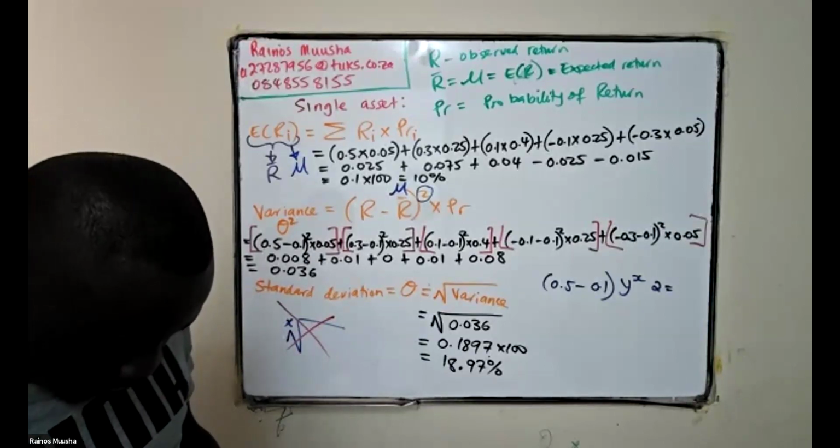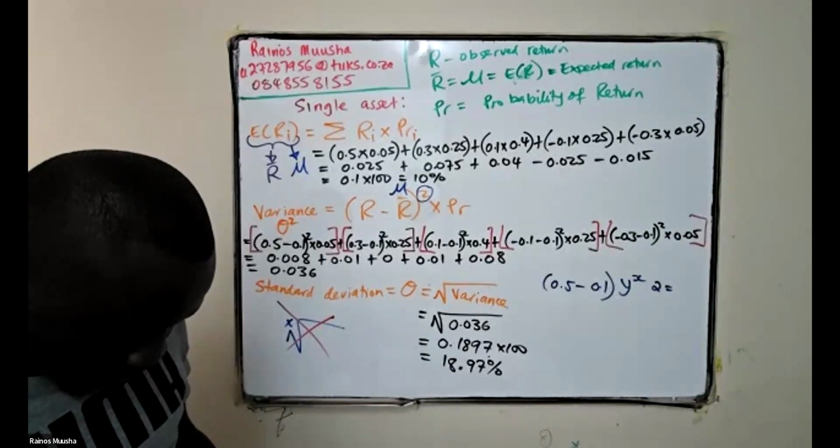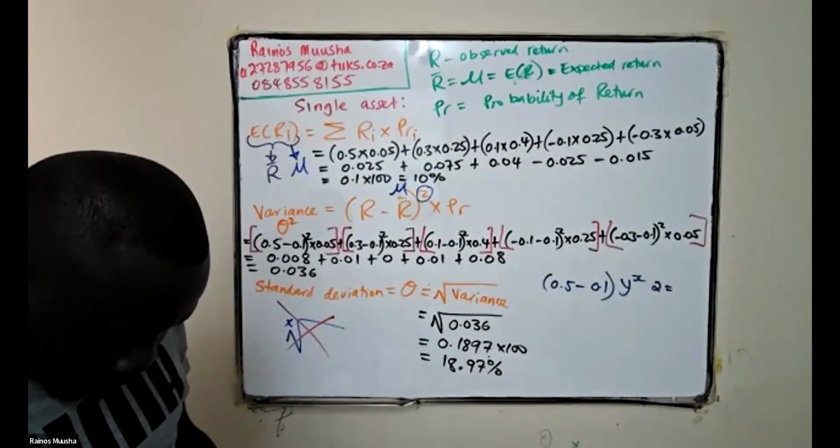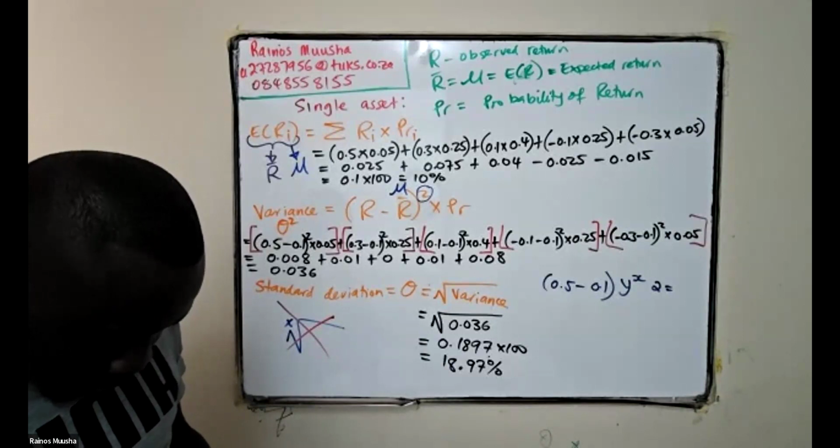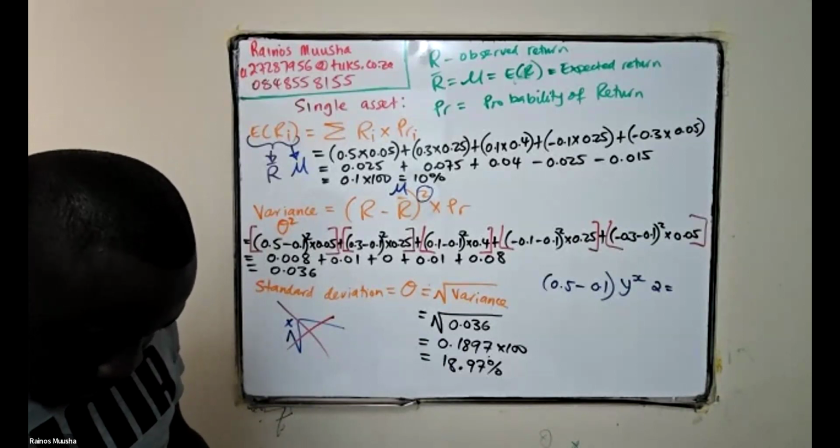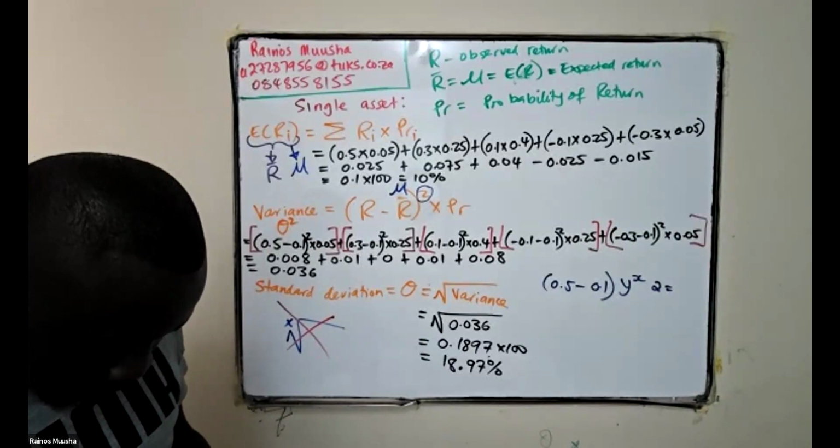Okay, what do we have here? The square root of 0.036. How do we make it decimal?